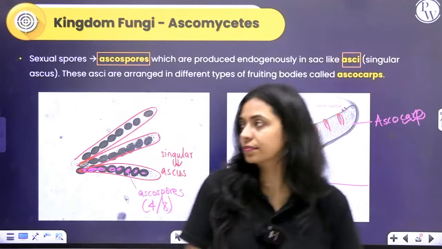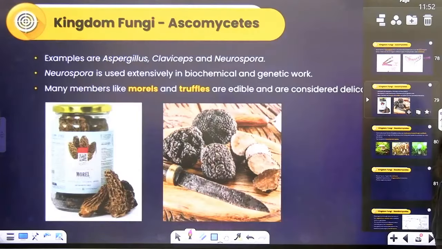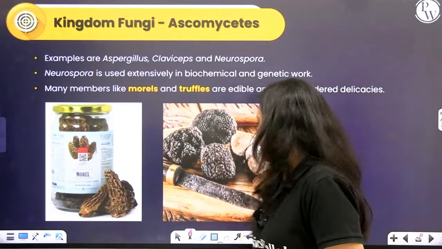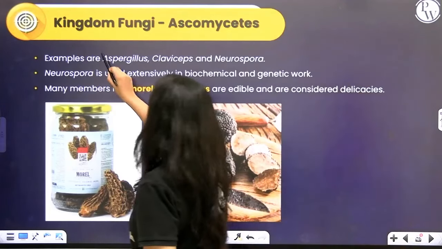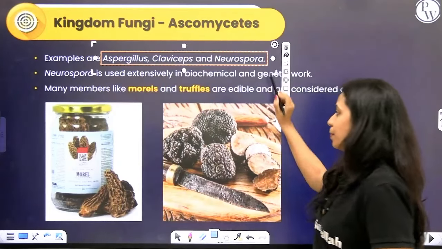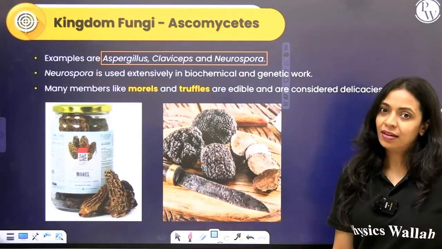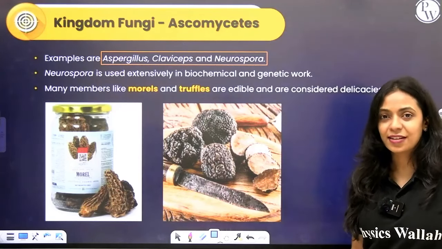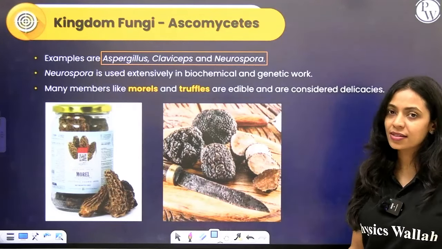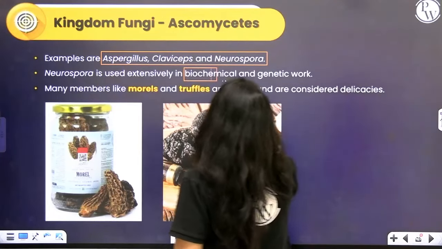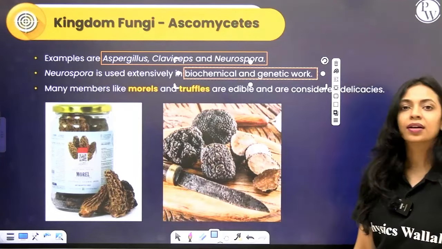Now, here are the examples of ascomycetes. Aspergillus, Claviceps, Neurospora, these are examples. Neurospora is used in a lot of research related to genetics. It is used extensively in biochemical as well as genetic work.